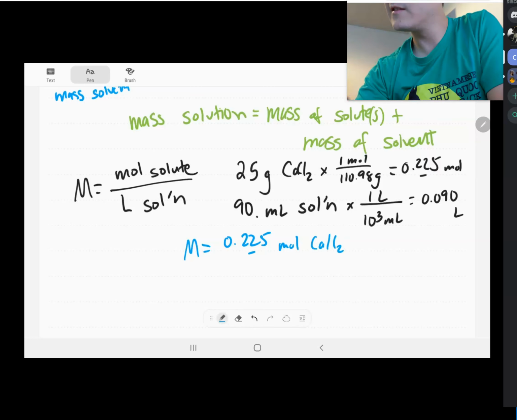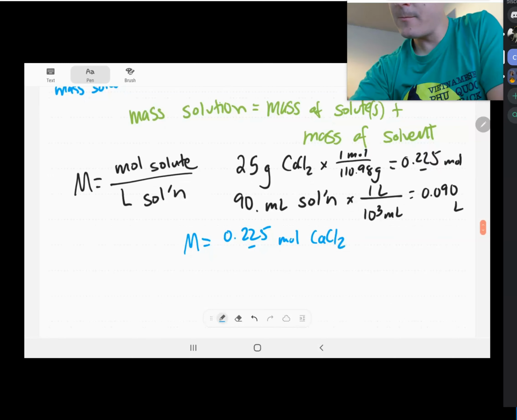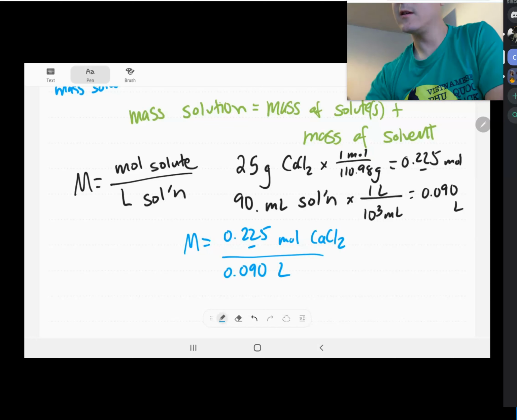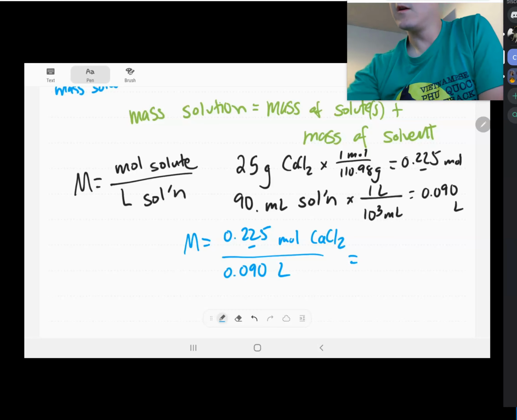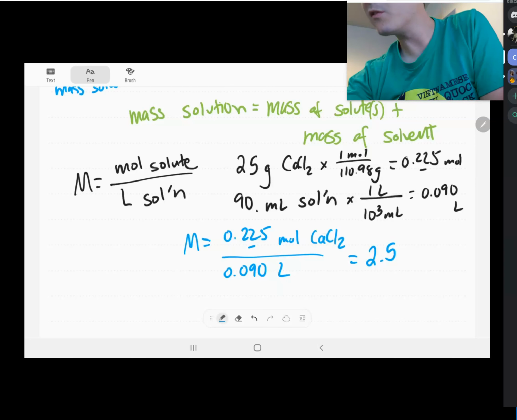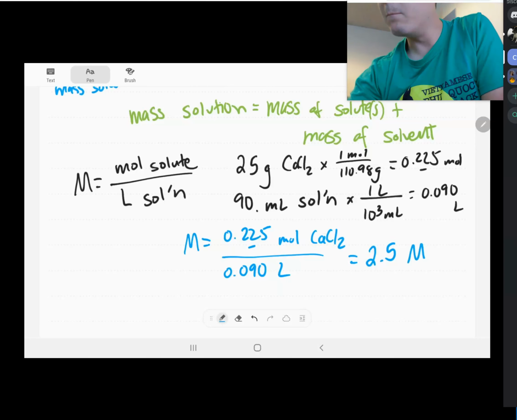Oh gosh, that's the wrong one. There we go. Over 0.090 liters is going to be equal to 2.5 molar.